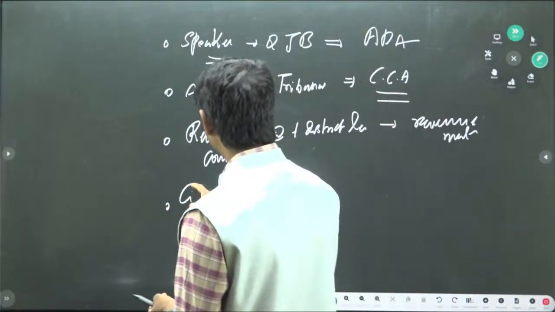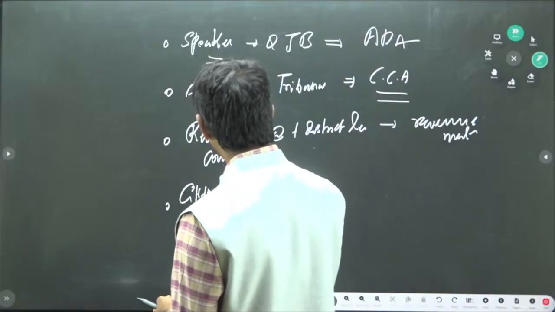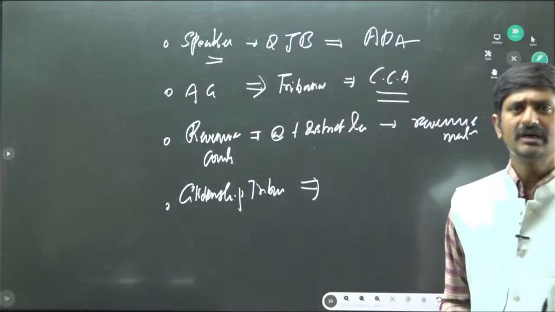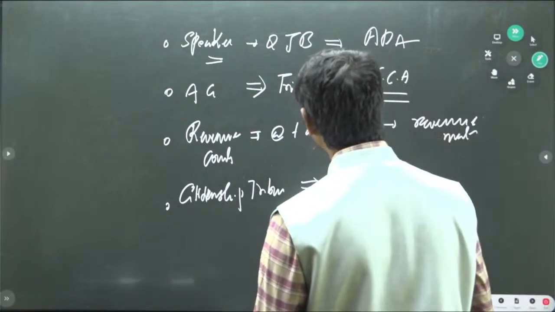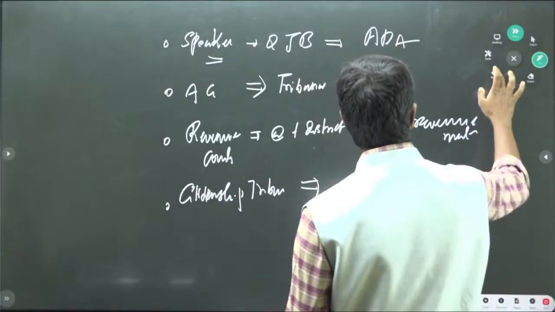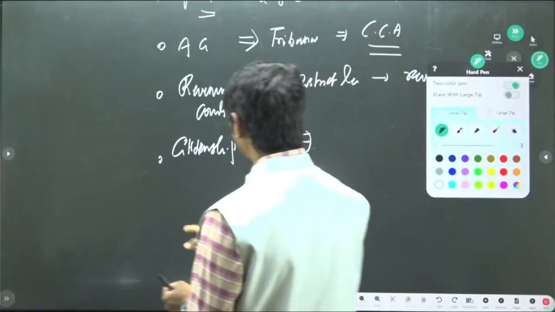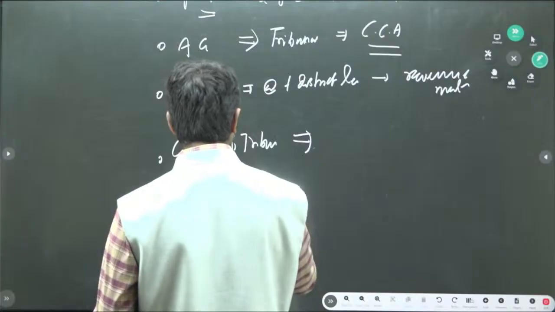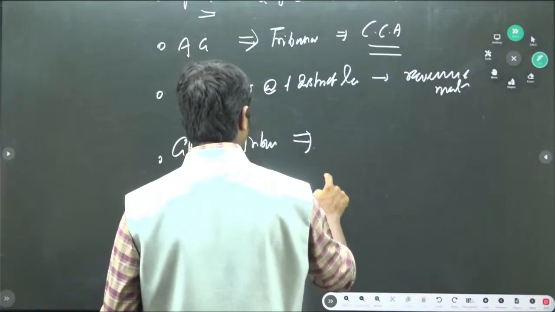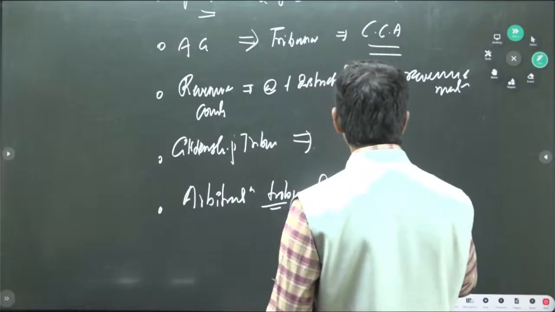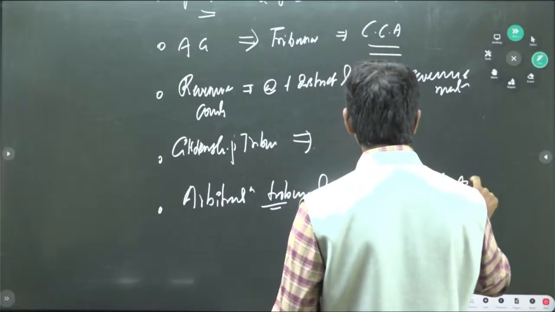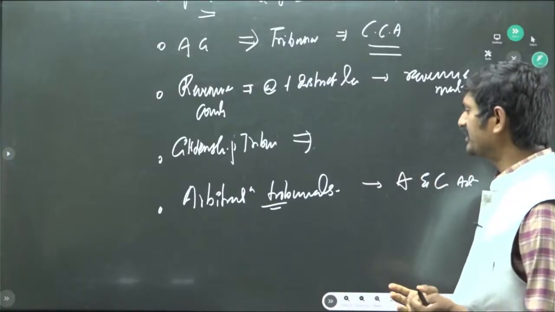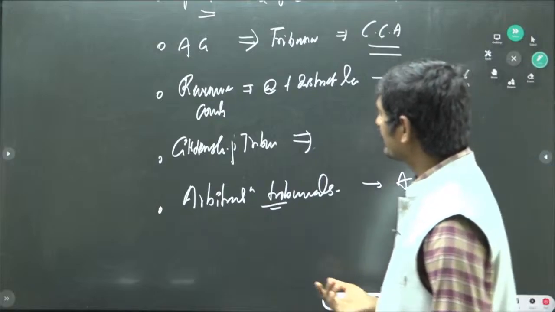Similarly, citizenship related tribunals which deal with disputes involving citizenship. Similarly, we can also see arbitration tribunals, which are established according to the Arbitration and Conciliation Act. So they also enjoy the powers of the tribunals.